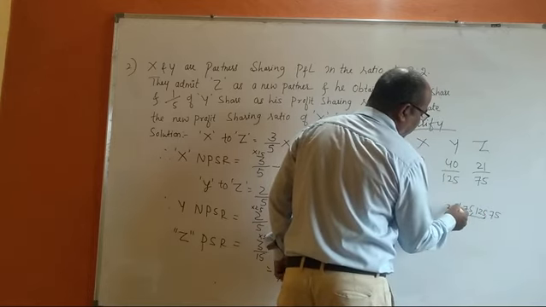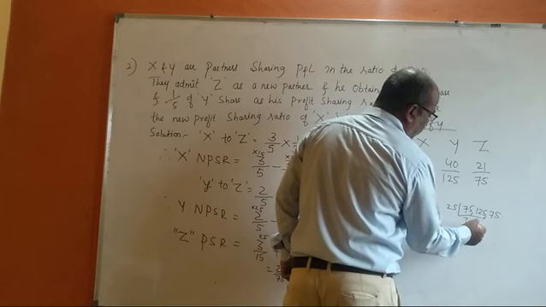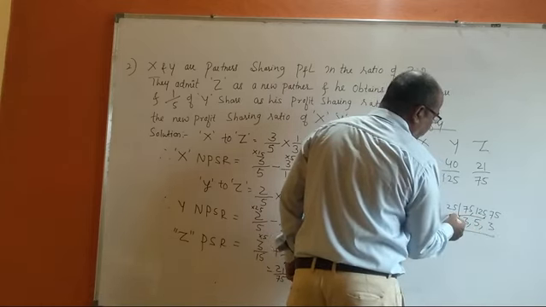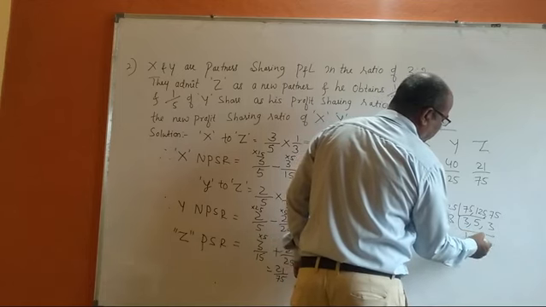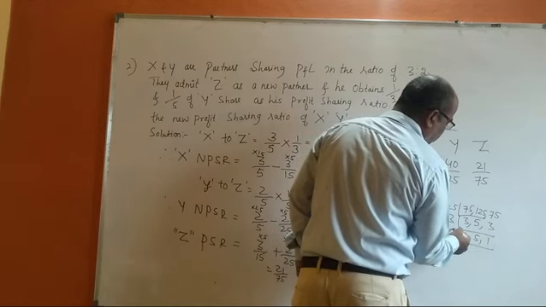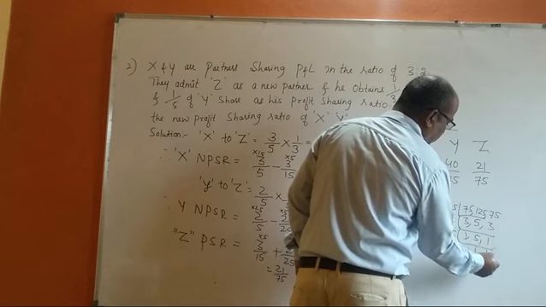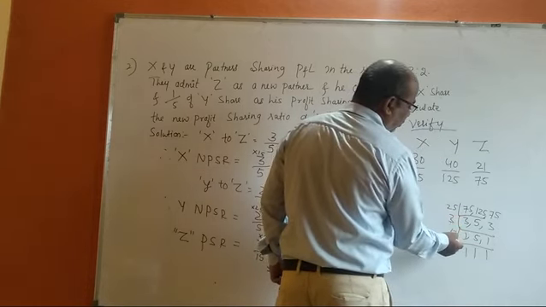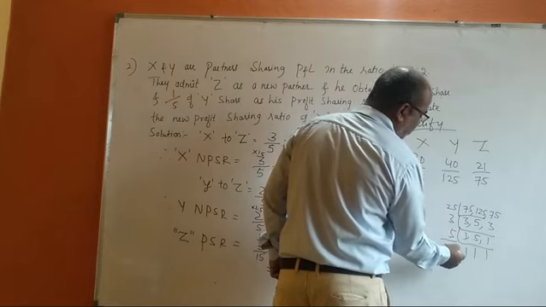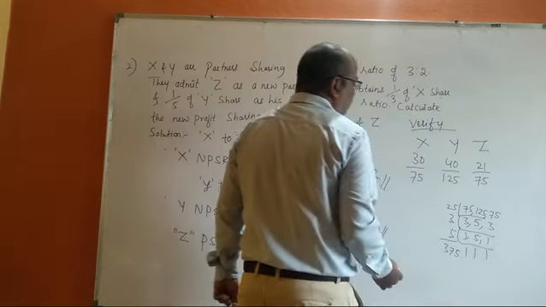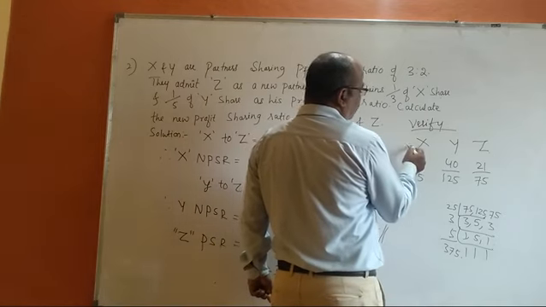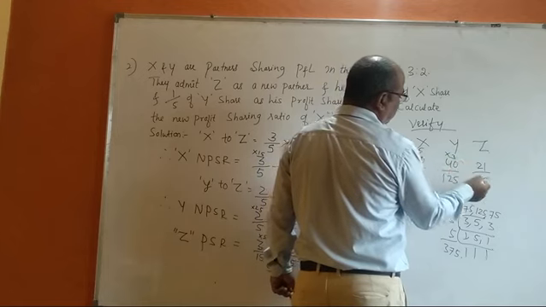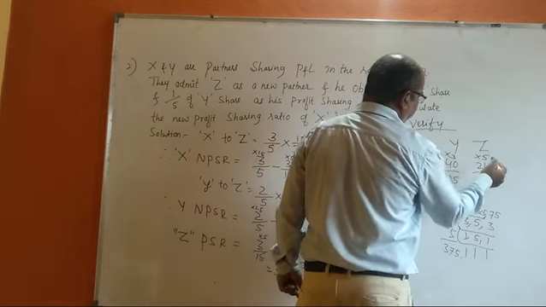Let us take 375 directly. 75 into 5 is 375. So to make it 375, multiply by 5, by 3 and by 5.